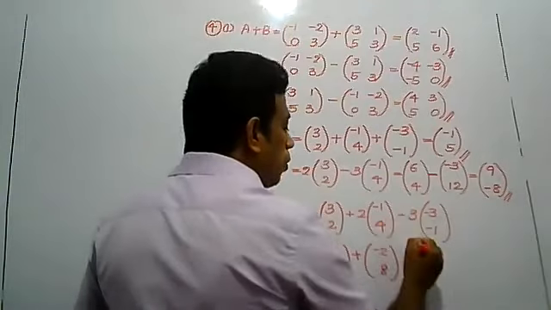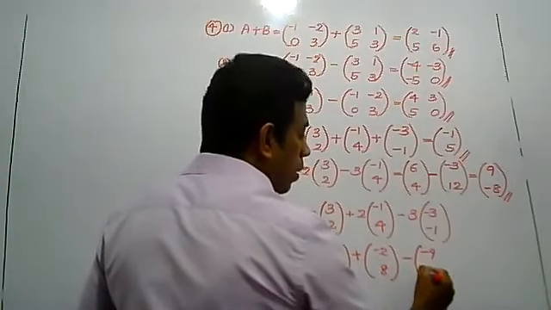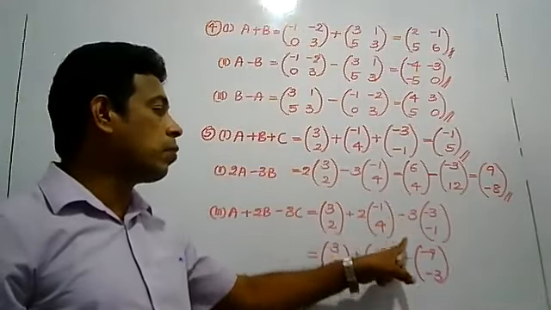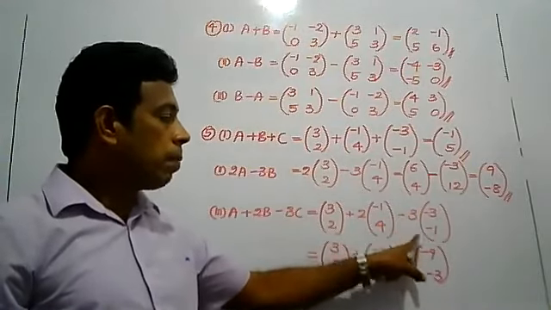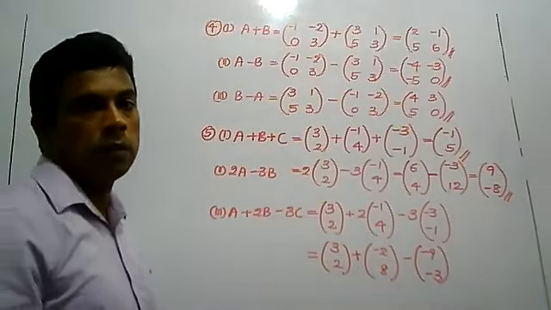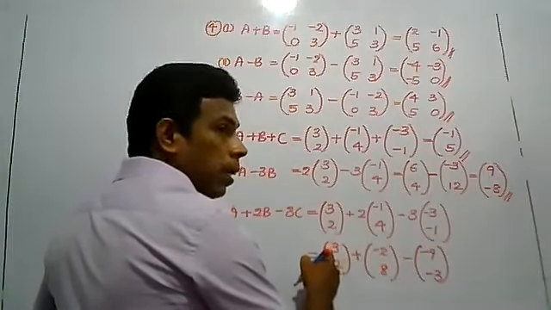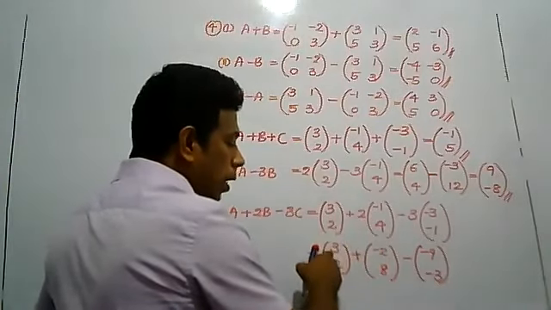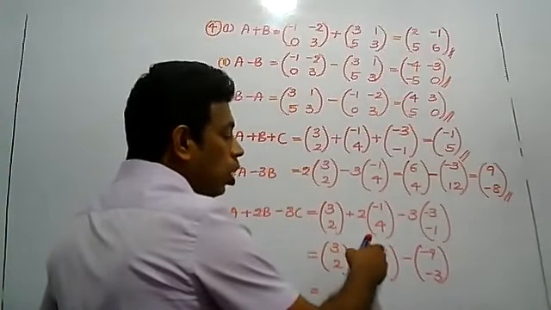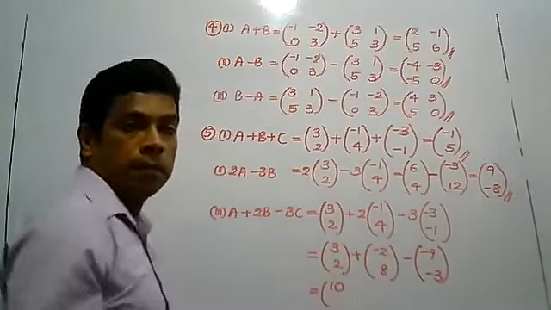Minus 3 into minus 3 is minus 9, 3 into minus 1 is minus 3. Then the answer: the first value is 3 minus 2 is 1, 1 minus minus 9 is 1 plus 9, 10.